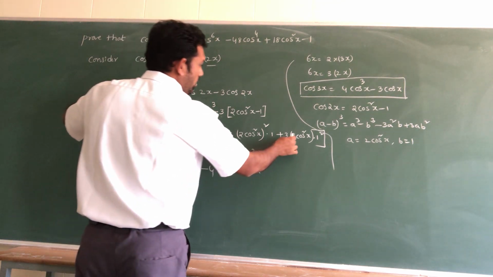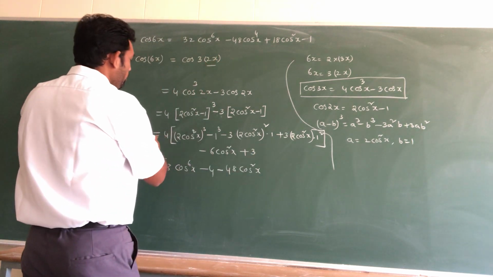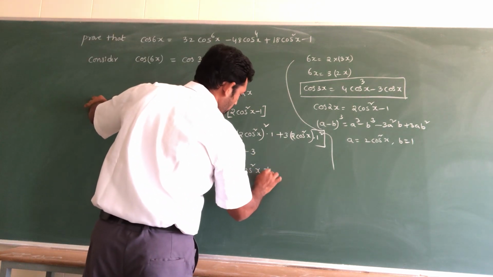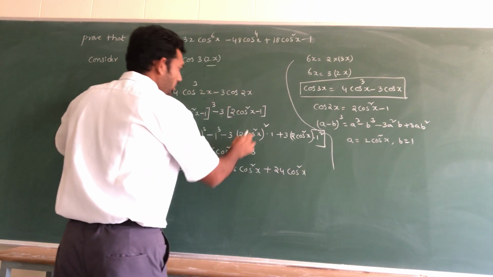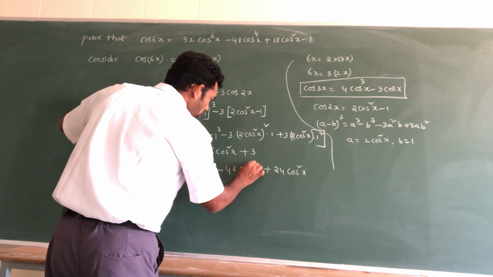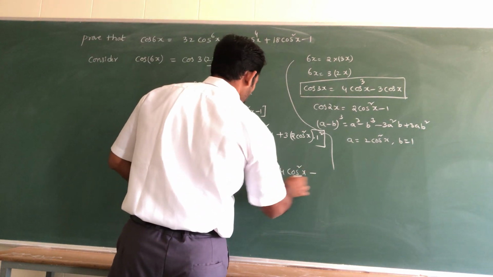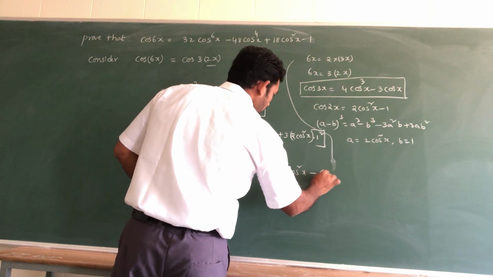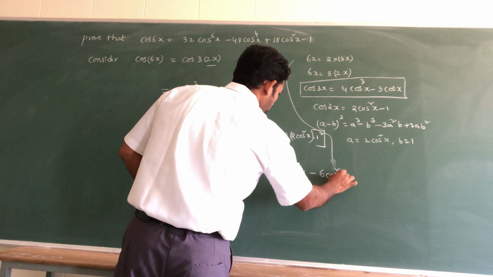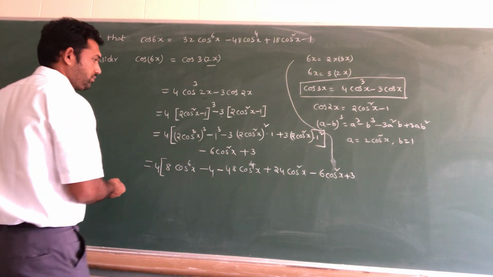Next, 2 into 3 is 6, into 4 is 24, plus 24 cos square x. Here square means cos^4, cos^4 minus 6 cos square x plus 3.